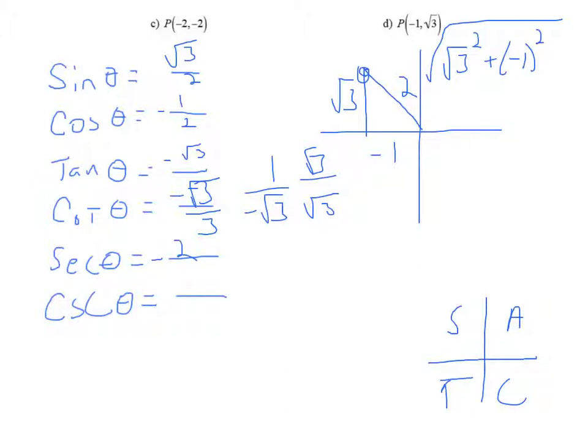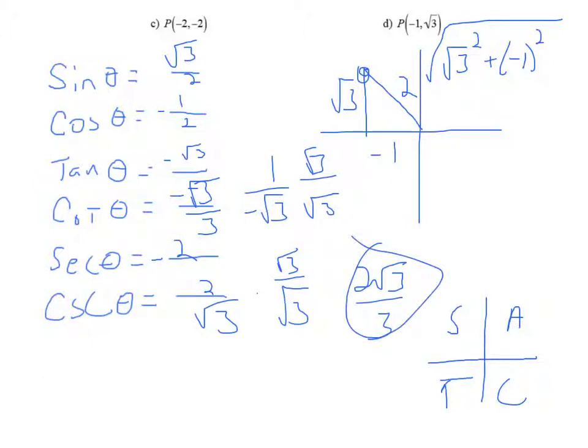And the cosecant is the reciprocal of the sine. So I'm going to take the reciprocal, and again I got to rationalize it. So that becomes 2 square roots of 3 over 3. And it's positive because in the second quadrant, the sine and the cosecant, which is just the reciprocal of the sine, are both positive. And notice all the other ones are negative.